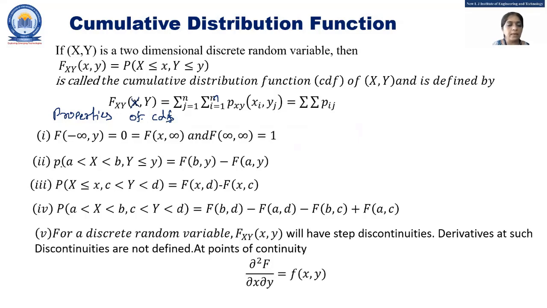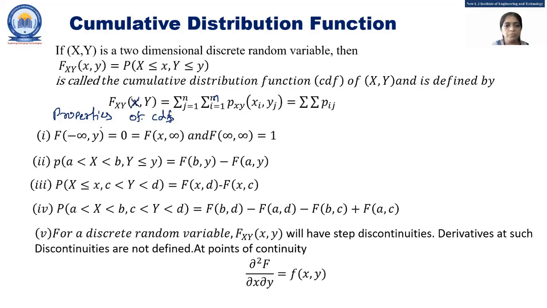For the second property, for the two-dimensional discrete random variable, P(a < X < b and Y less than or equal to y). What does it mean?